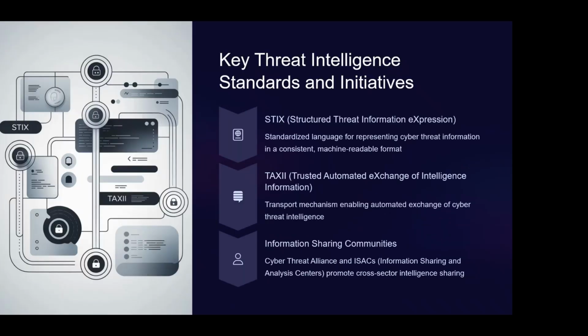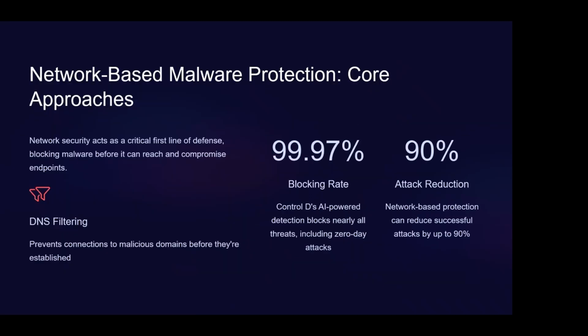So the components I just talked about, STIX, TAXII, provide the information sharing. So Cyber Threat Alliance and information sharing and analysis centers promote cross-sector intelligence sharing through these approaches. STIX, which is a format, TAXII, which is a protocol of sharing this information.